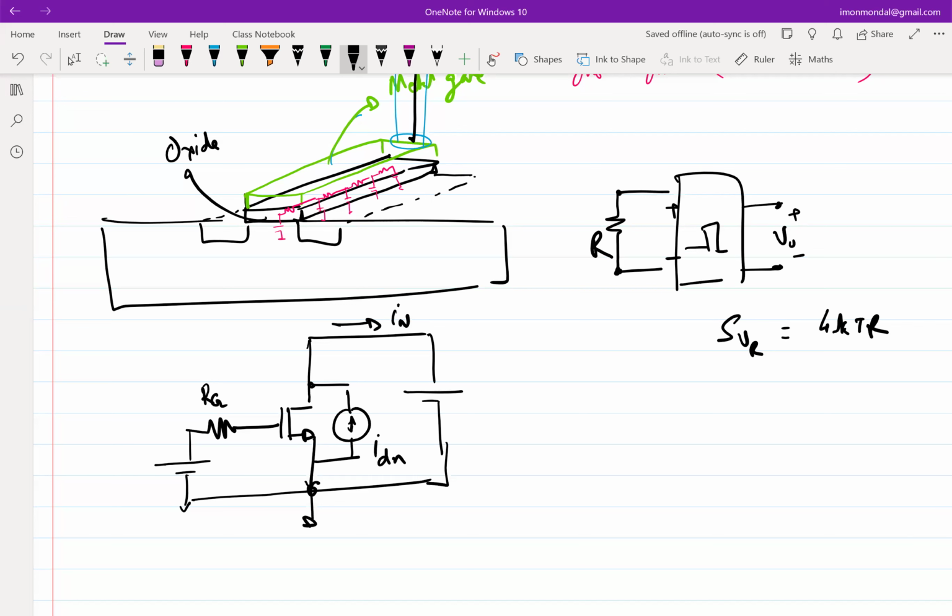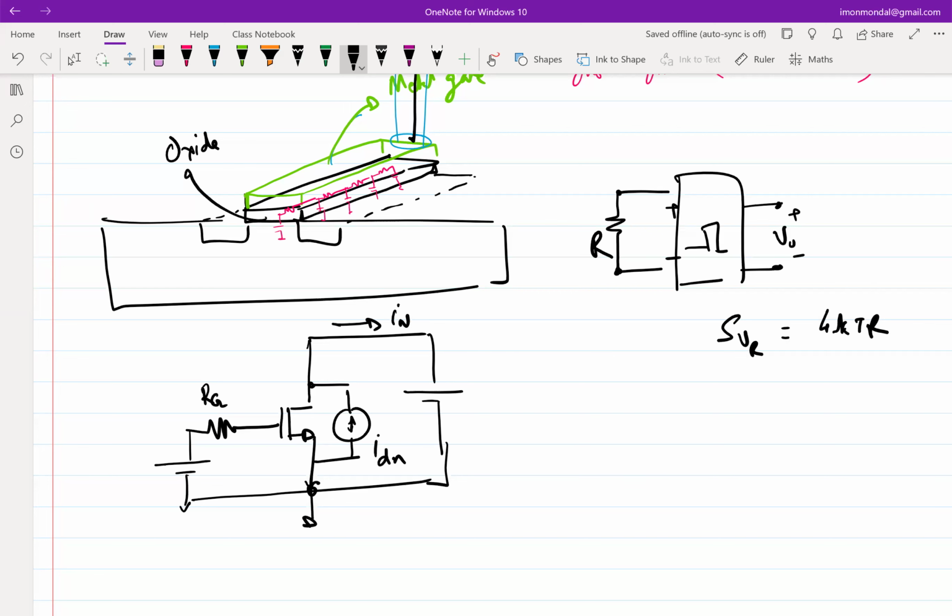So I want to model this as a voltage source which has all the power corresponding to this noise spectral density encapsulated inside it, and assume that the resistor is noiseless, because a noiseless resistor is easy to handle, at least in calculation.